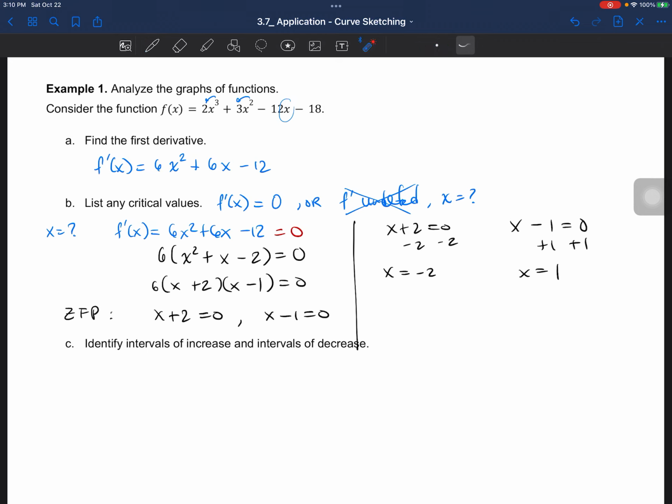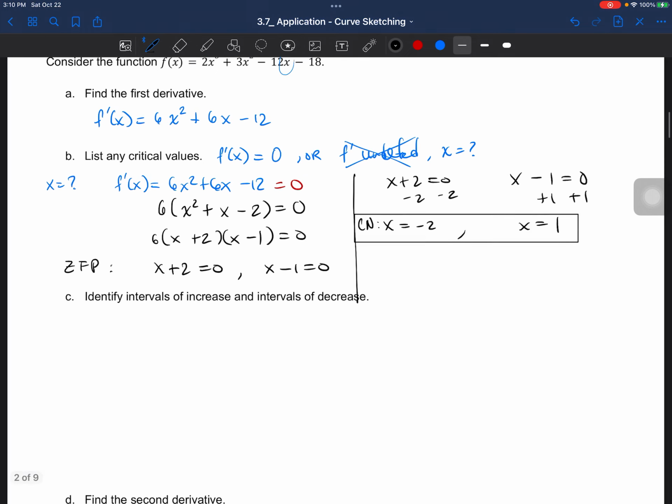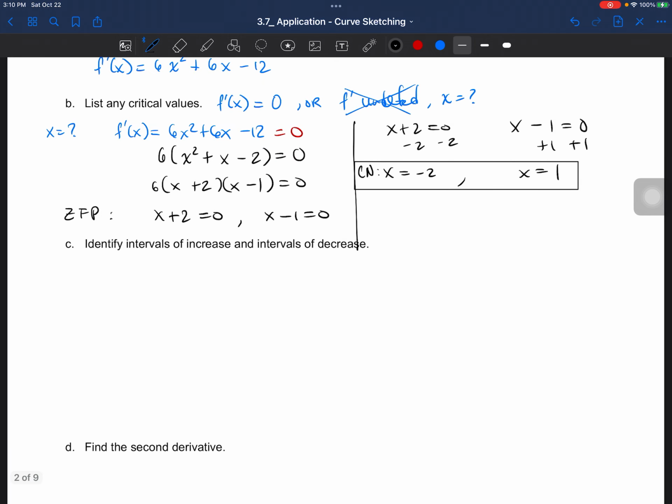So these are the possible critical numbers, and how do we confirm whether these are critical numbers? Well, they have to be part of the domain of the original function, and they are, because this is a polynomial, and the domain of polynomials is all real numbers. Hence, these two are real numbers, so therefore these are critical numbers. So critical numbers are found.